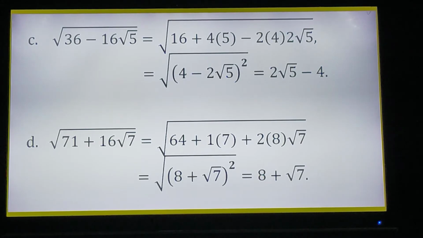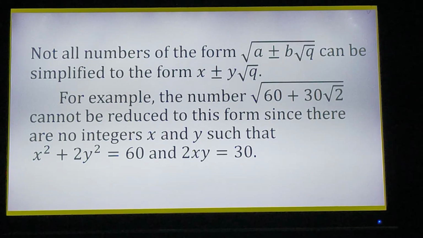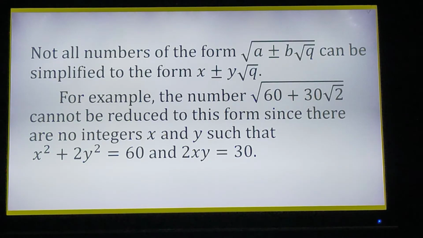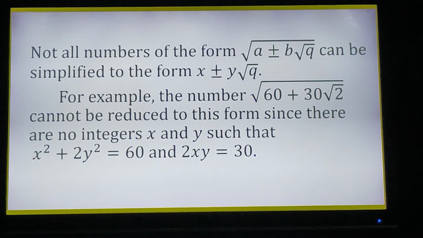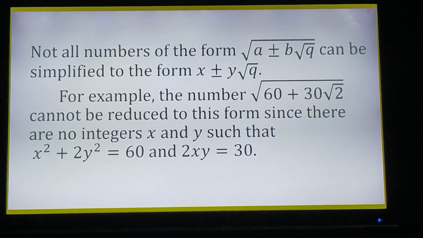So since x and y must satisfy certain conditions, not all numbers of the form square root of a plus or minus b square root of q can be simplified to the form x plus or minus y square root of q. To see this, let's look at the number square root of 60 plus 30 times the square root of 2.